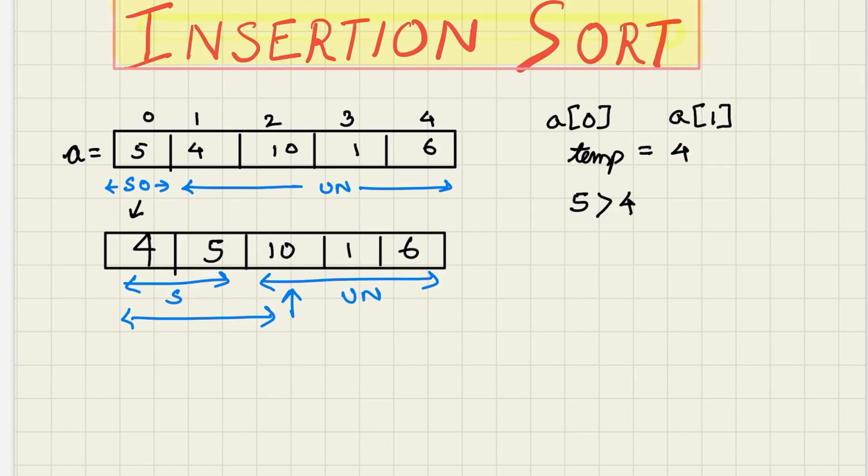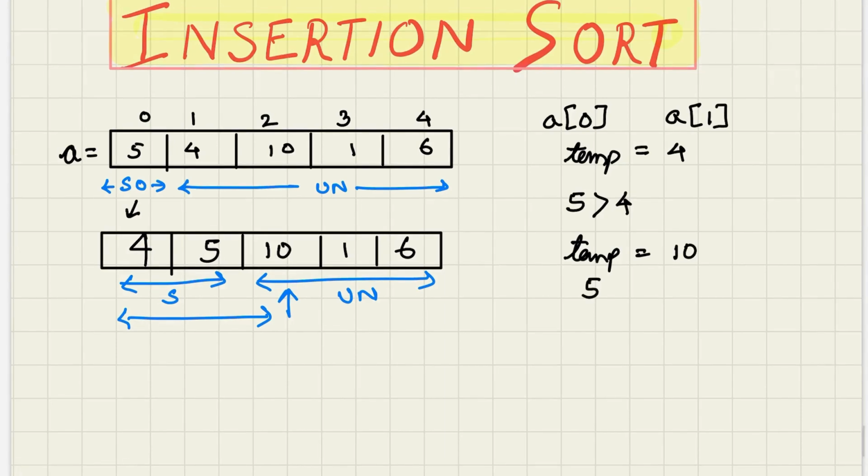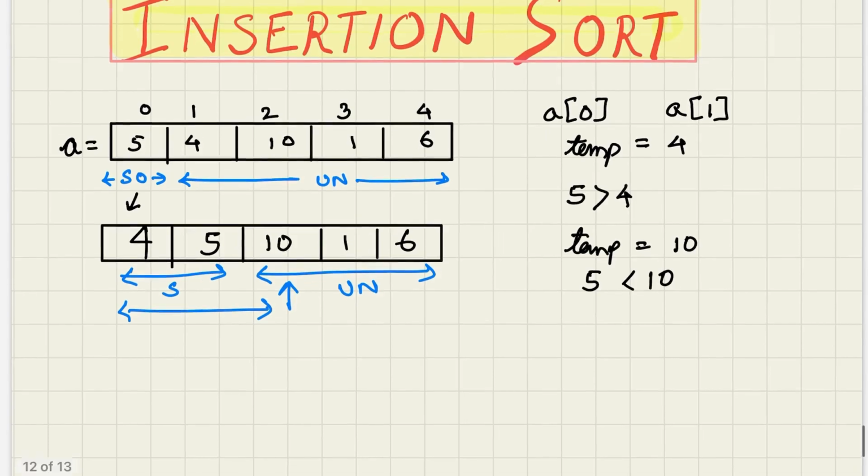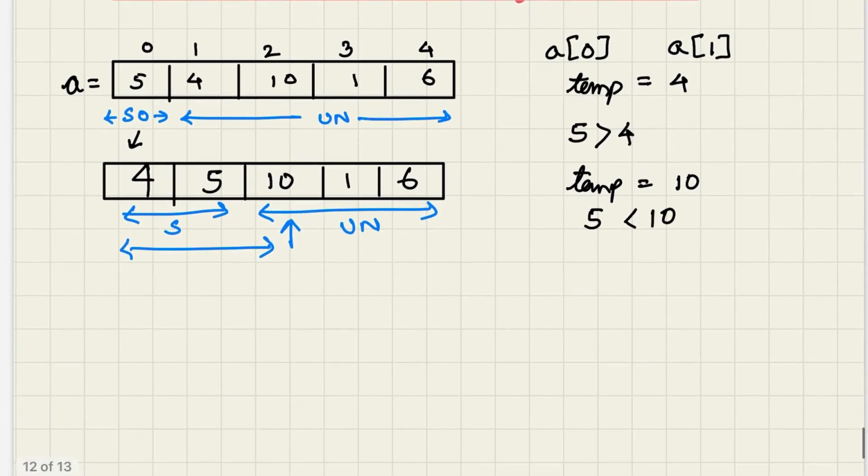Now, I will save this first element to my temp and compare whether 5 is greater than 10 or not. 5 is less than 10, right? So I don't need to shift any element to the right side. I just need to put it as it is. So it will be 4, 5, 10, 1 and 6.